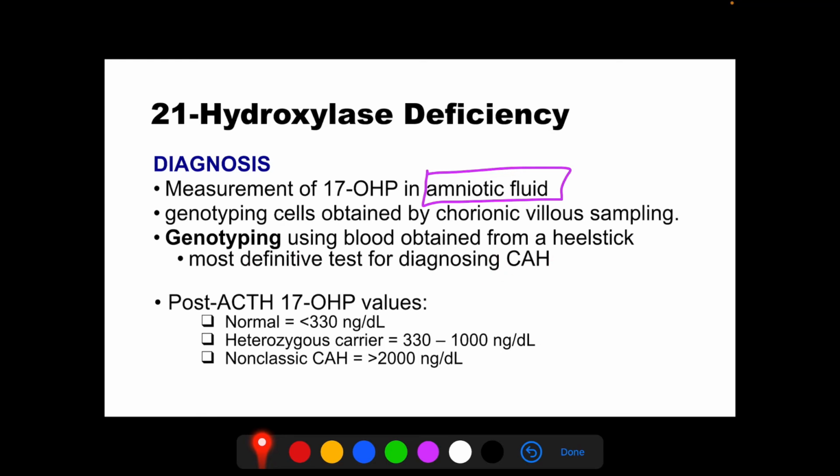Okay, so the post-ACTH 17-OHP values: the normal level is 330 nanograms per dL and less. Next one, for the heterozygous carrier, 330 to 1,000 nanograms per dL, and in non-classic CAH it is greater than 2,000 nanograms per dL.